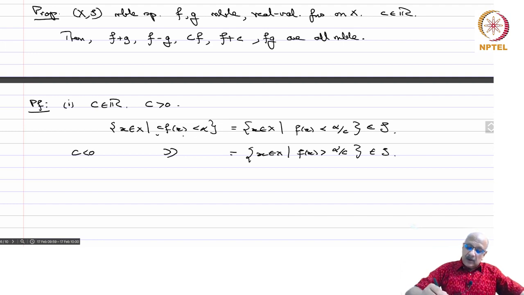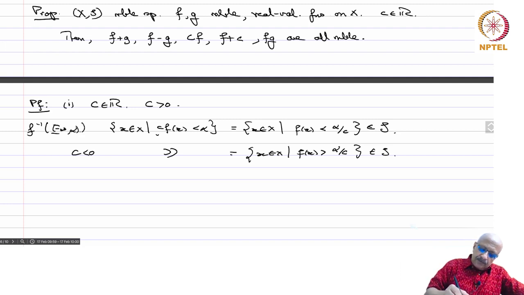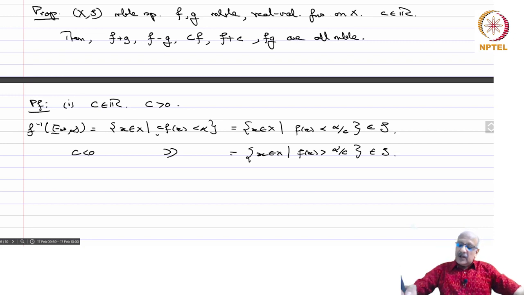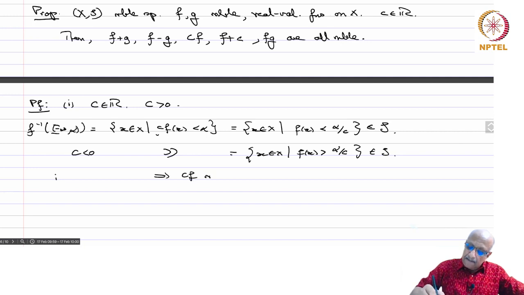So this is f inverse of minus infinity to alpha. So for every alpha this is measurable, therefore by the characterization we have, this implies that cf is measurable.